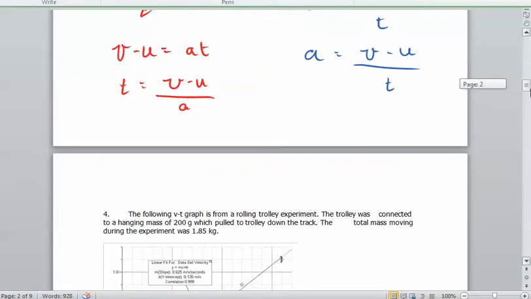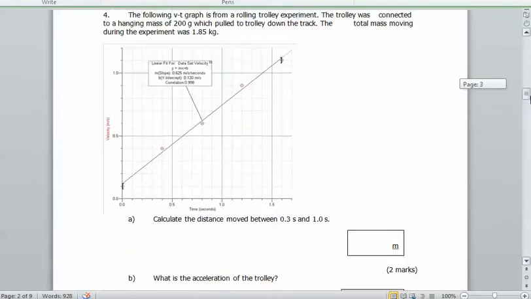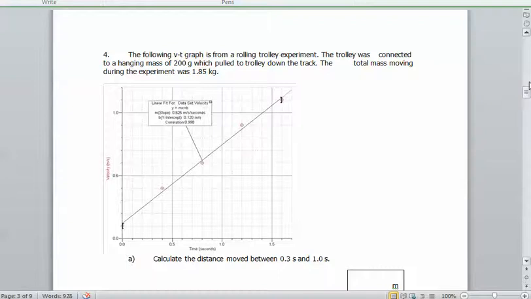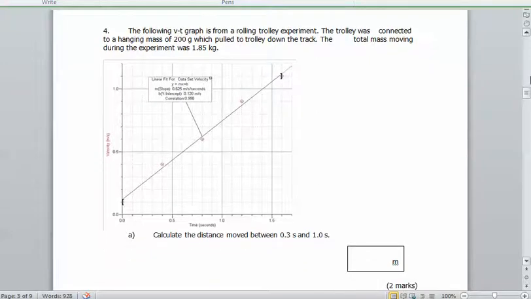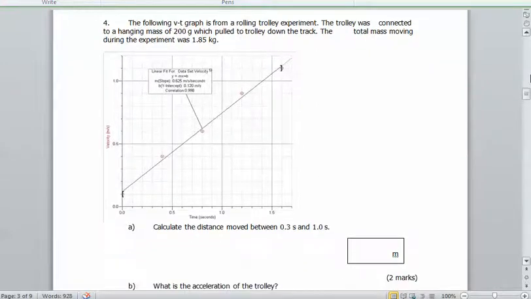Okay, let's move on to the next one. Tom, what did you do for this question? Question 4. Worked out the area underneath. Okay, so the area under a velocity time graph, and considering that velocity is equal to distance over time, distance is velocity times time.